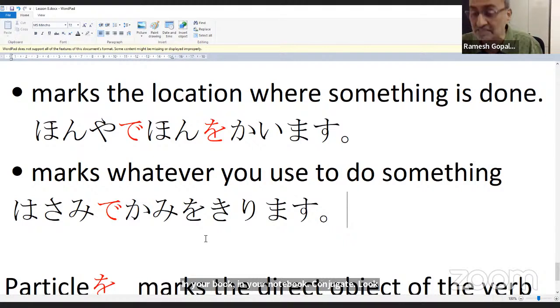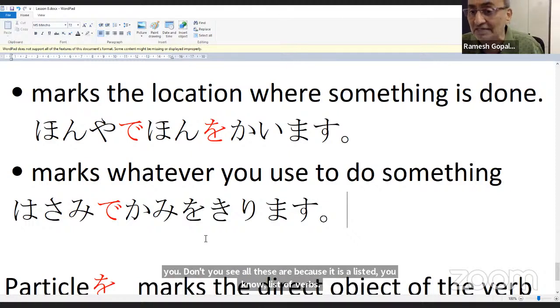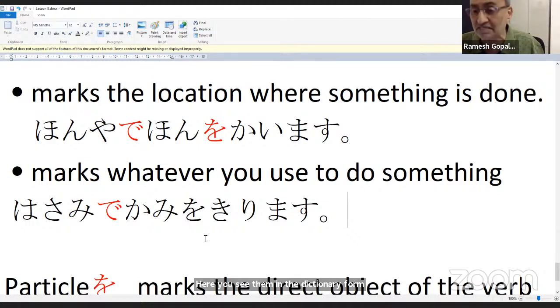Because it is a list of verbs, here you see them in the dictionary form only. Locate 5 first group verbs. Locate 5 second group verbs. And conjugate them to their masu form. Start doing it today.